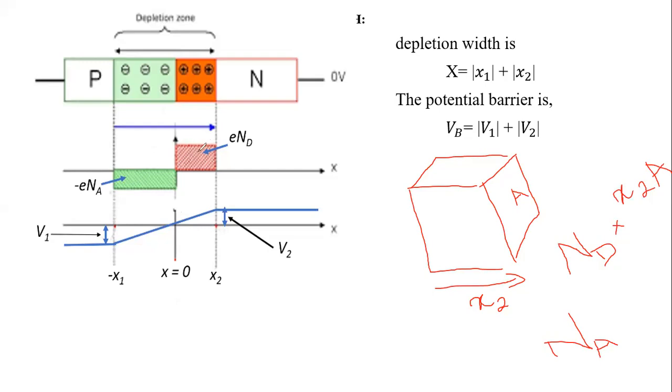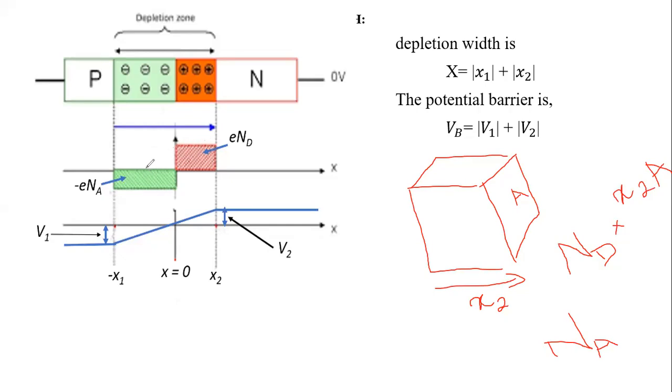And we know that the total positive charge on the n side and the total negative charge on the p side are equal. Why is that? Because the negative ions on the p side are formed after donation of electrons from the n side.